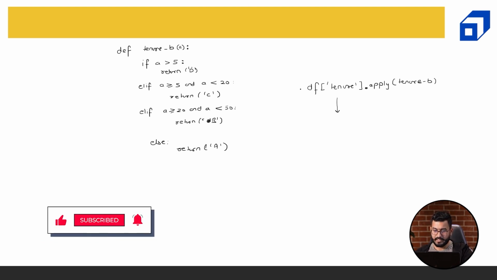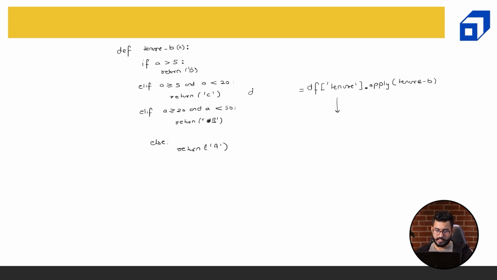If I want to assign it to a new column, I can do something like this. So let's say tenure_b, and this is my new column which is created based on a condition. Let's try to quickly code this in Python.